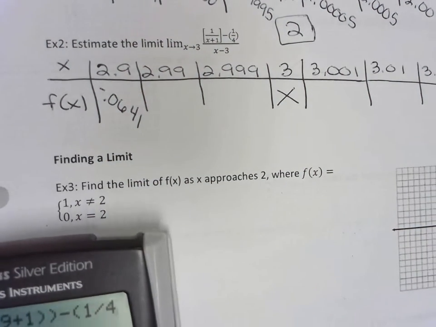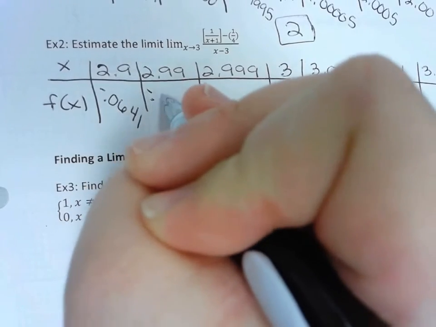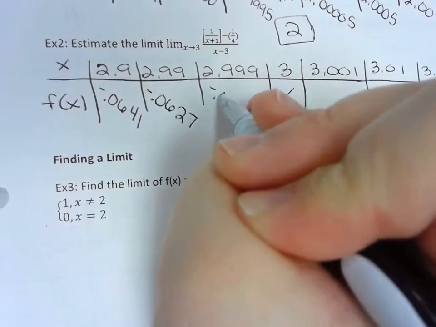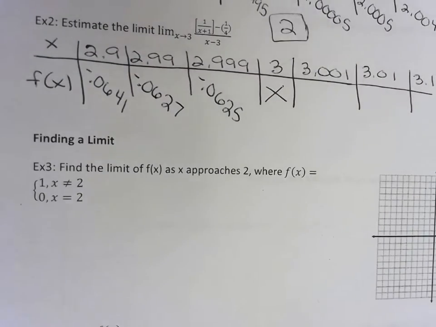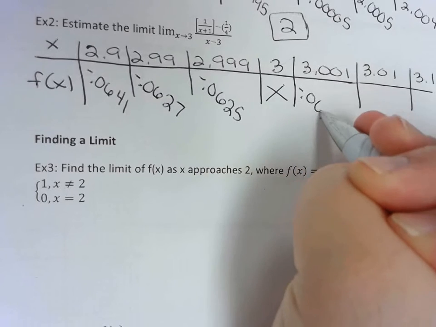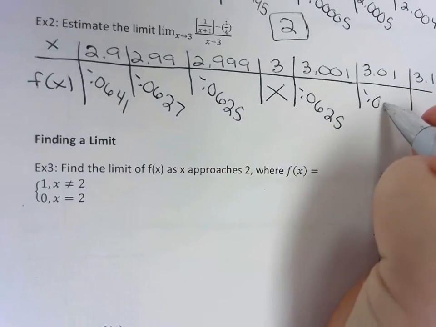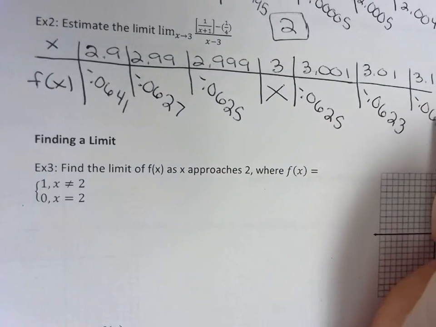Now as I go through and do the same thing, plugging in the rest of these numbers, I'm going to get a negative 0.0627, a negative 0.0625. So if you want to try a couple of these to make sure you're getting them. 3.001, I get a negative 0.0625. 3.01, negative 0.0623, and a negative 0.0610.